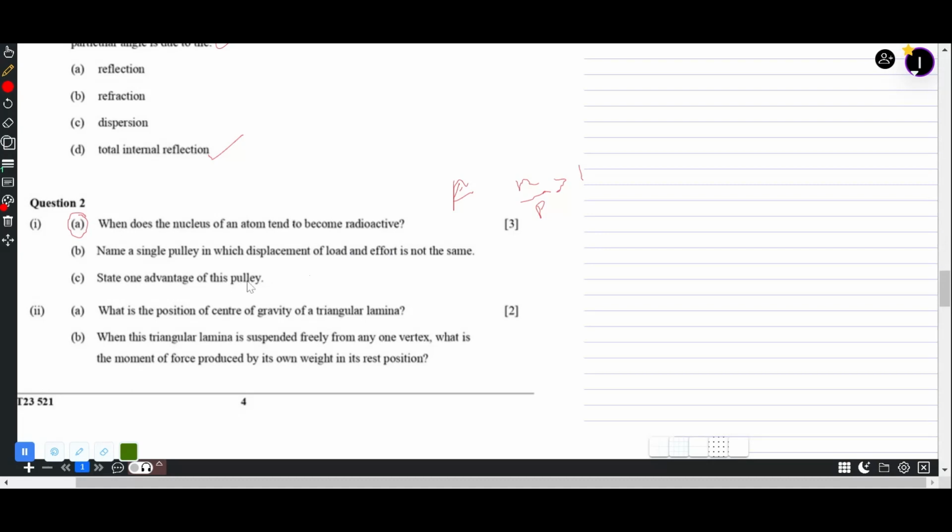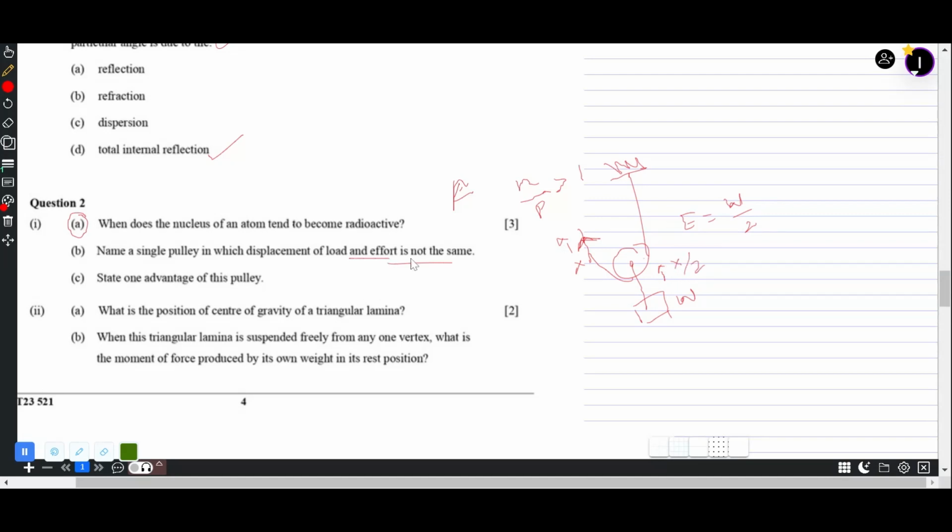So name a single pulley in which displacement of load and effort is not the same. Which is the pulley? I'll show you an example. This is the pulley. This is tied to the stand. Here we are applying effort and we have a weight tied to this. Okay. Now if you see, effort is equal to W by 2, and for every distance x it moves, actually load moves only x by 2.